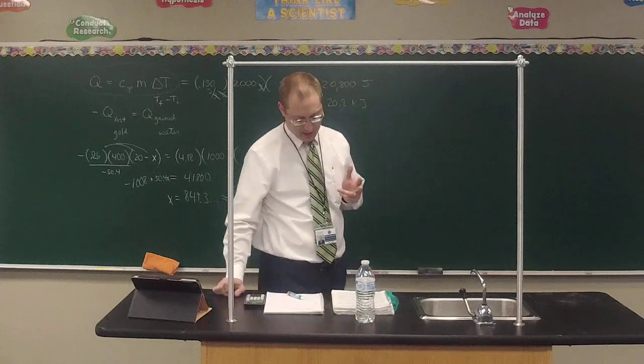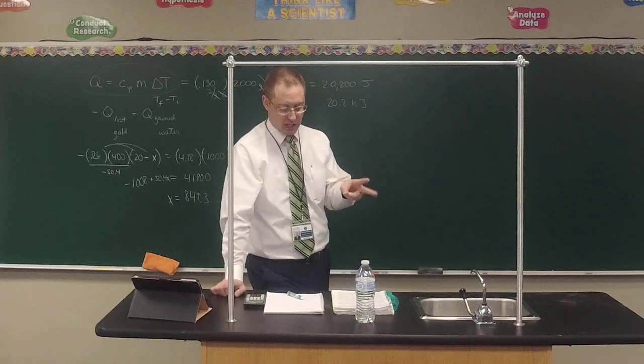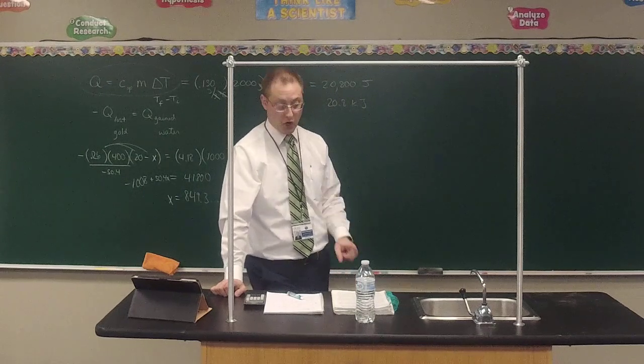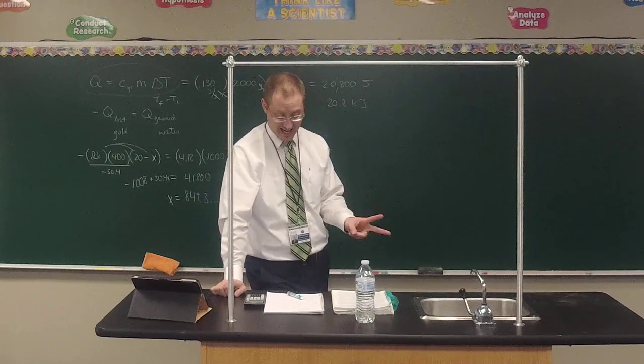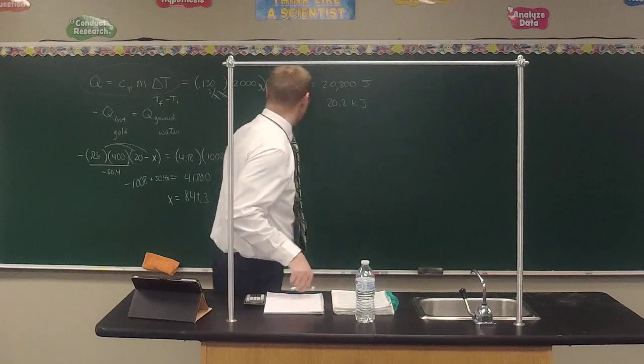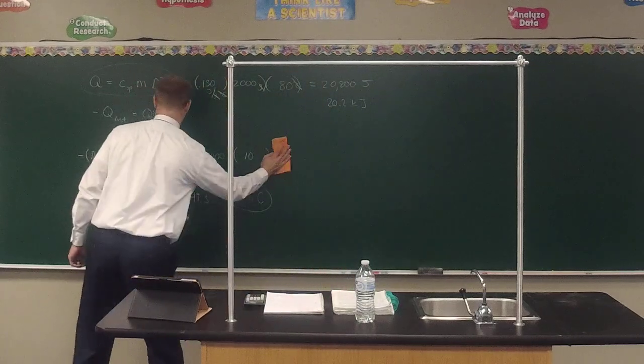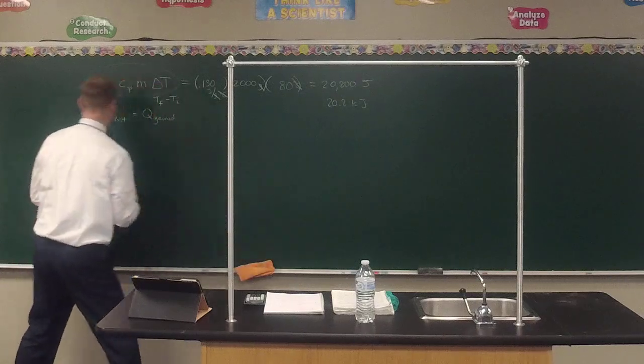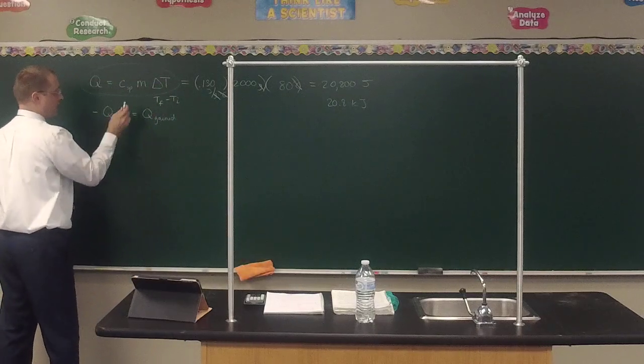So we've got 2 things that are going to gain heat here, class. The water and the calorimeter cup are both going to gain heat. What's going to lose heat? The lead, right? So for this problem, on the losing side, we have lead.